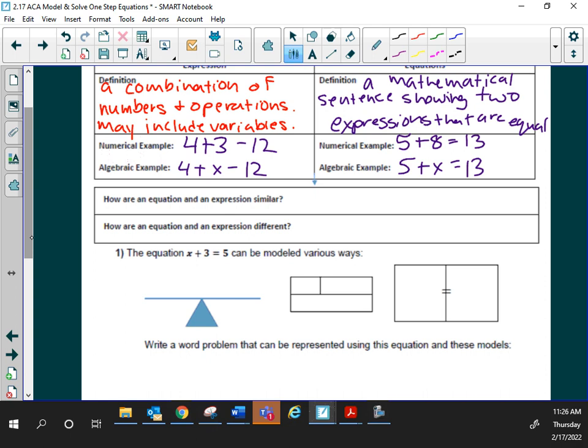Okay, pause. So how are equations and expressions similar? They both have operations. They both have numbers. Okay, great.